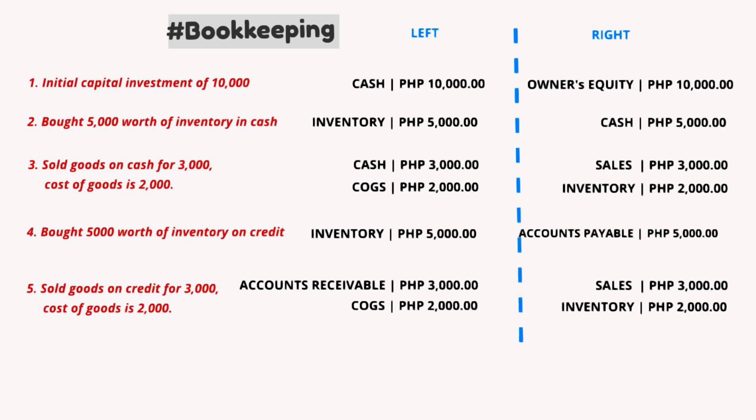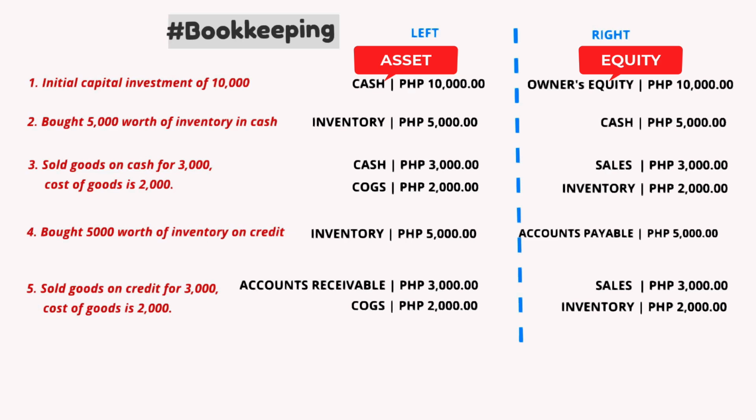Sa mga halimbawang transactions na nakita mo, merong account under asset, under equities, under liabilities, under expense at revenue. Alam mo na from the previous video ang assets at equities. Ano naman ang liabilities? Nakita natin ang halimbawa sa day 1 na loans under liabilities.